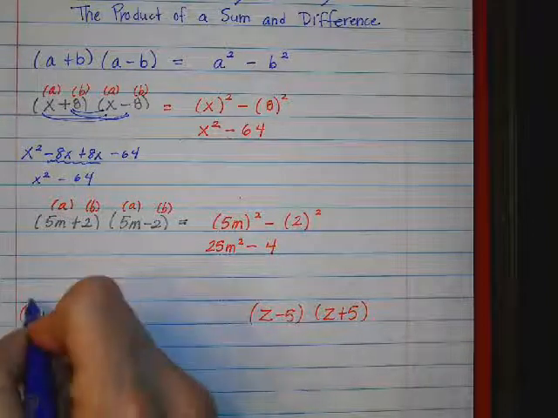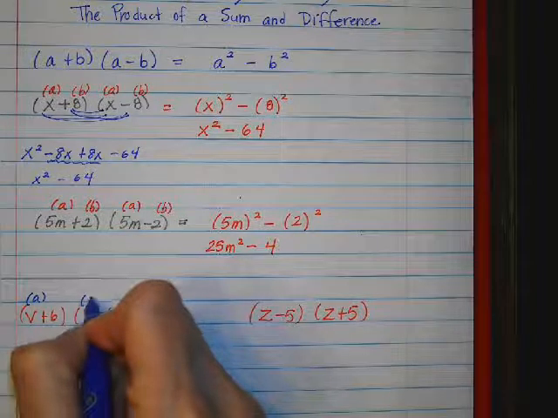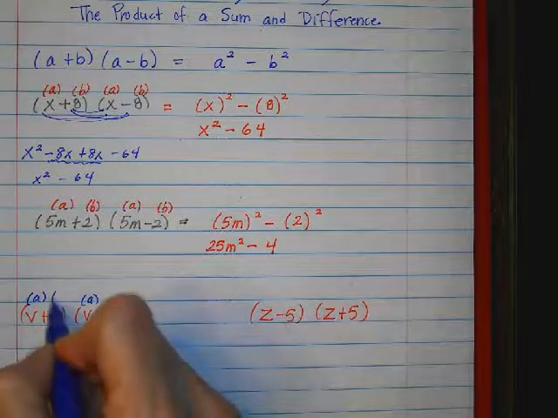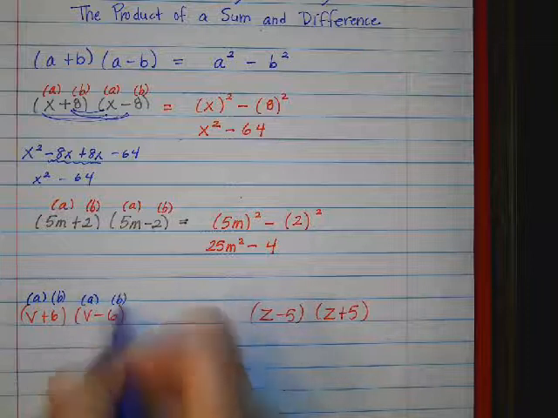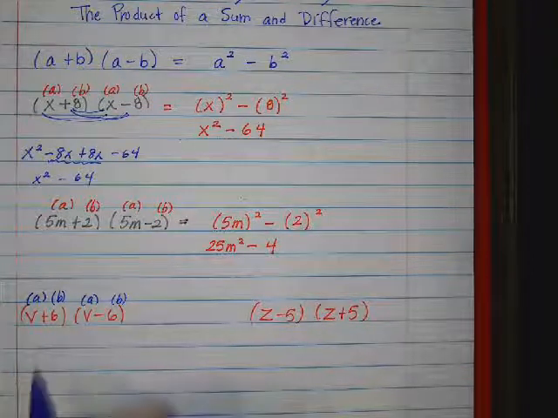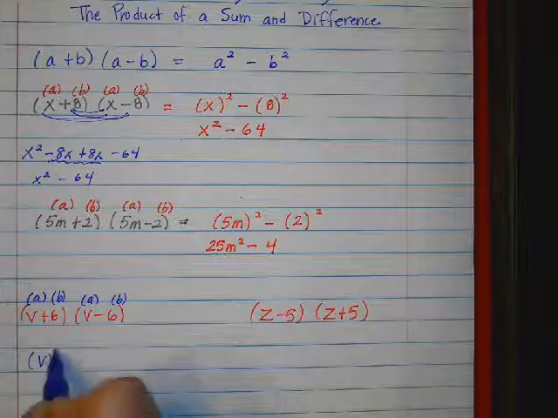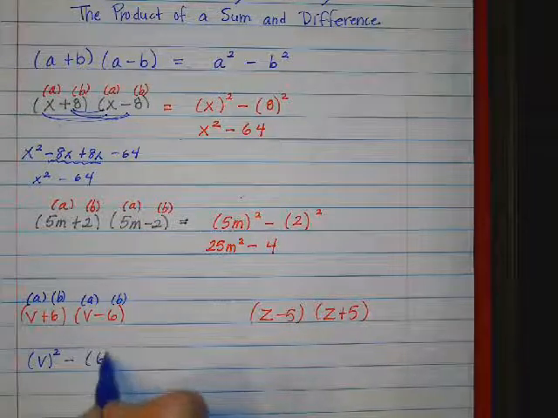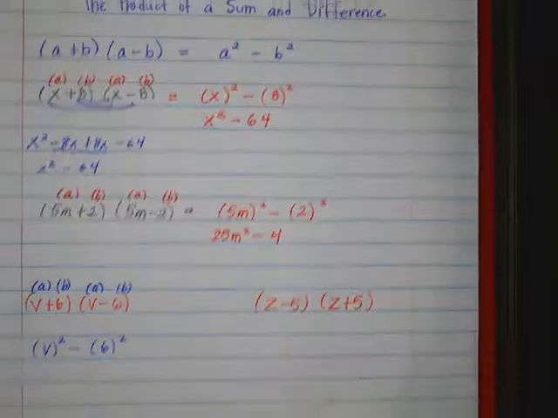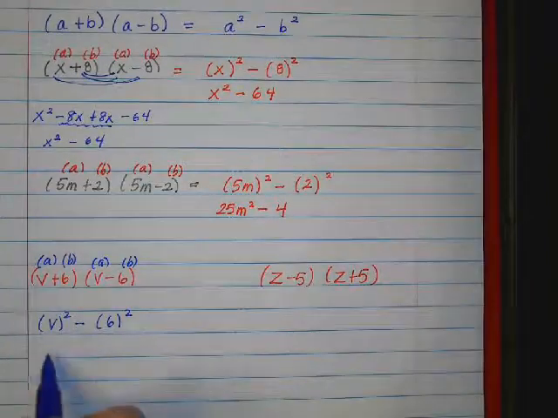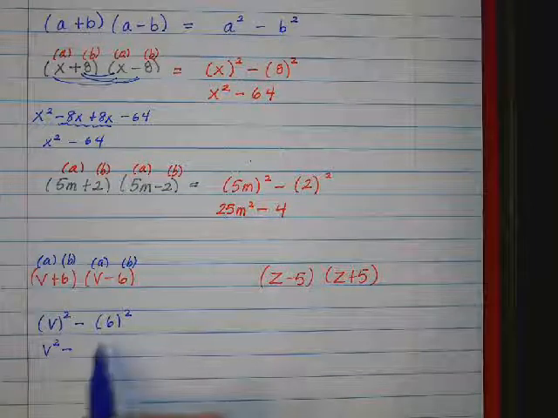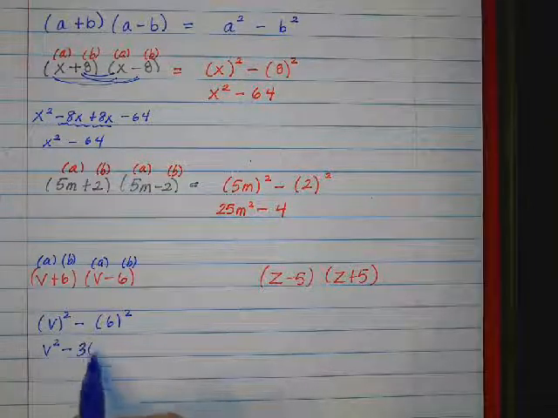Beautiful, a values. So a value is b. Are my a values the same? That they are. Are my b values the same? Beautiful, they are. So I take my a value and I square it, and I minus my b value squared. So I take my a value, b, and square it, and I get b squared, minus, and I take my b value, 6 times 6 is, beautiful, 36.